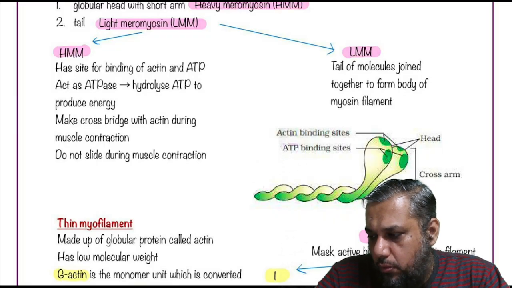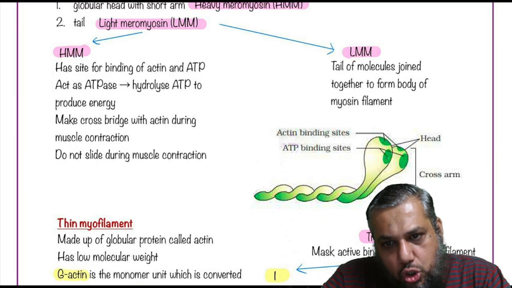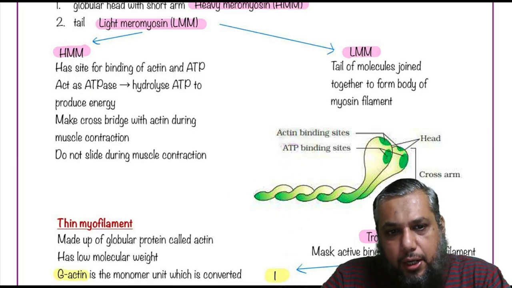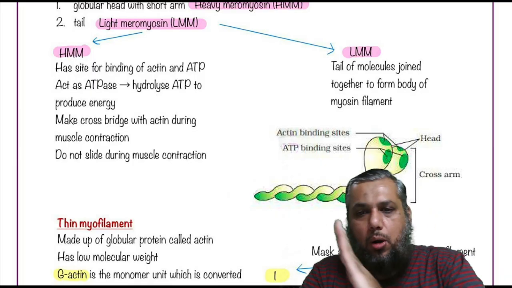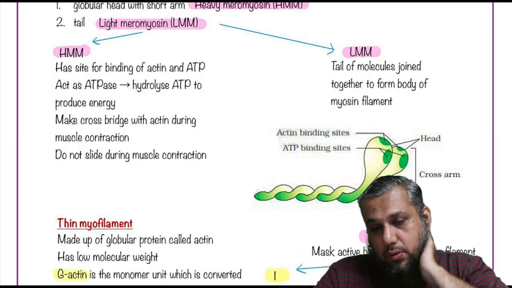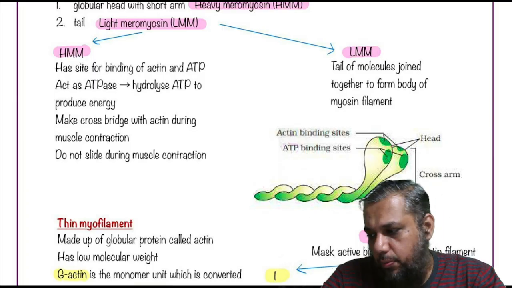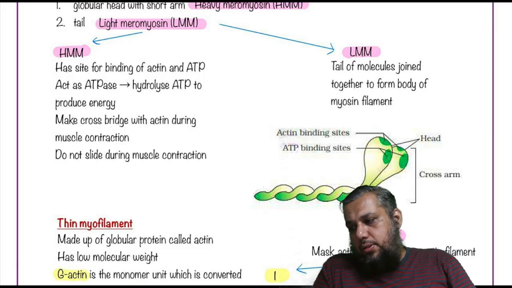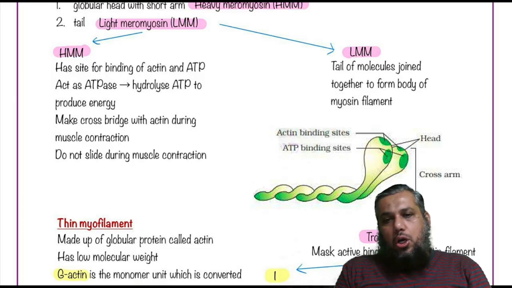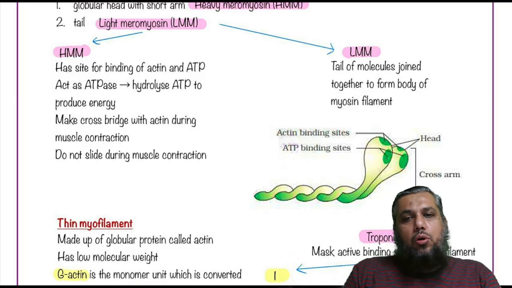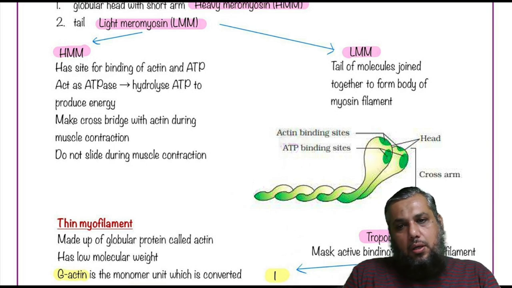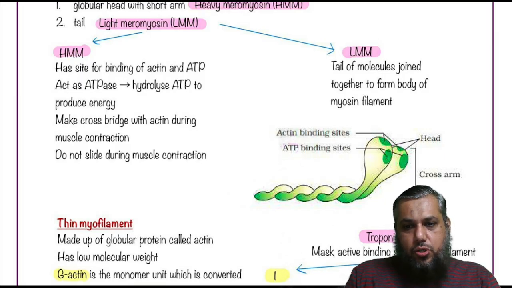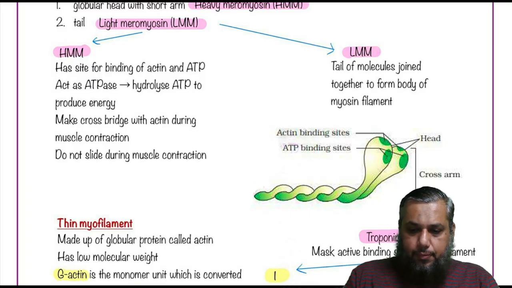Now, this head and the short arm, at regular intervals, will protrude out of the myosin, and it will result in the formation of the cross arm. So the HMM component, that is the head and the short arm, projects outwards from the meromyosin and results in the formation of the cross arm.